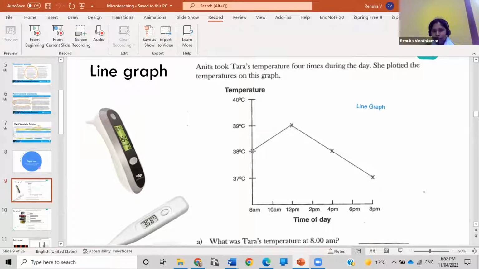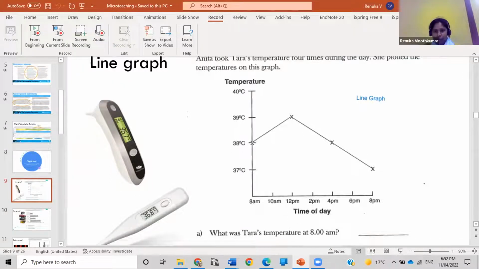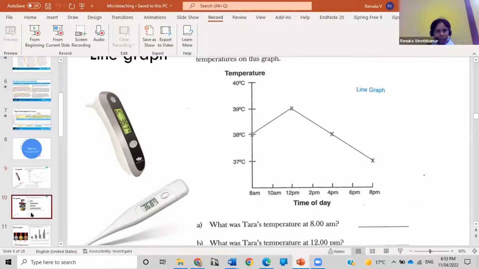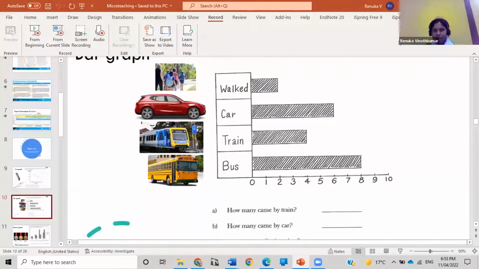And can you tell me what is her temperature at 12 o'clock? 39. 39, perfect. Which is highest? That is the highest. See, that's another vocabulary and you remember that correctly. Very good. Okay, so we will go to the next one. Do you remember what is a bar graph?